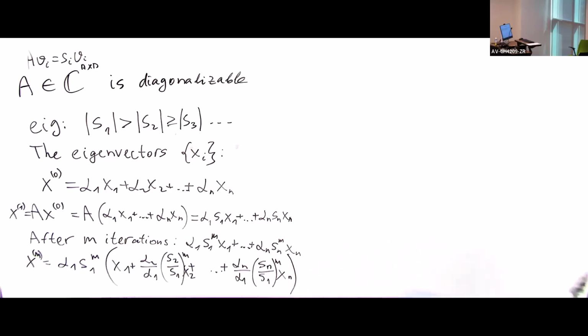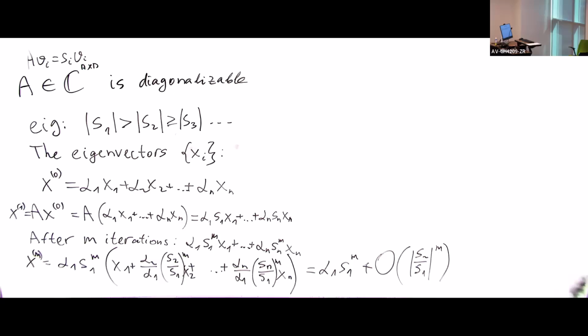With bigger m, all of these terms will be written like that: alpha 1 S1 to the power of m times x1, plus big O, the smaller terms of that order of magnitude, S by S1 to the power of m. So practically you get linear convergence, which is not super fast, but you will get some convergence eventually with m.